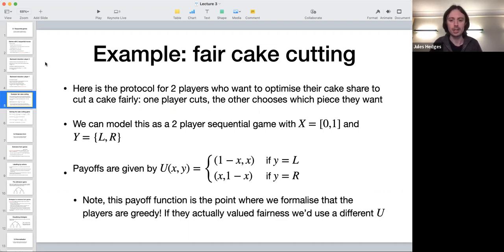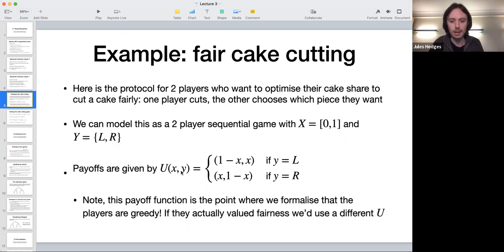We can model this as a game, where the first player gets to choose an element of the interval from 0 to 1. This models the point along the cake at which they cut. Suppose that this is a rectangle and they're going to cut it. Then player two gets two moves, namely to choose the left piece or the right piece.